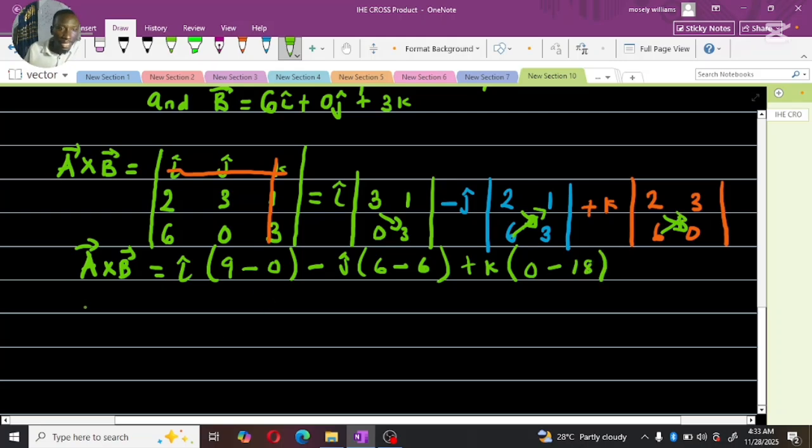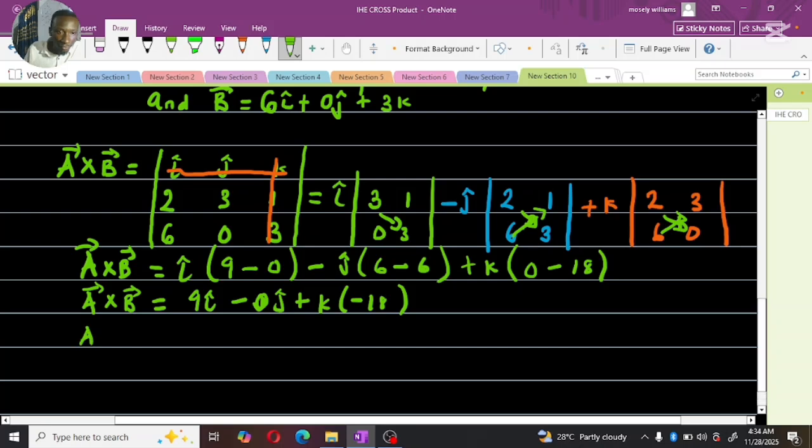Fine. So here we are having our A cross B to be equal to 9 minus 0, that is 9I, minus 6 minus 6, that is 0. So we have minus J, minus 0J, plus 0 minus 18, that is minus 18. So we have K into bracket minus 18.